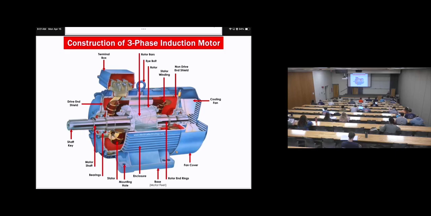Then, comparing the induction and the synchronous, most likely the induction has lower efficiency than the synchronous. So the synchronous has the highest efficiency. That's why we see that modern EVs are based on synchronous motors, not induction. Because now we can control the speed of the synchronous, especially the permanent magnet synchronous motor or brushless DC motor, which are special types of three-phase synchronous motor.